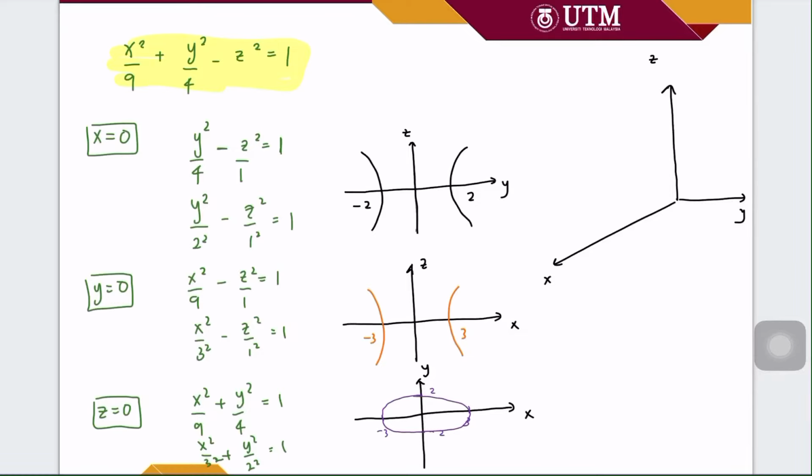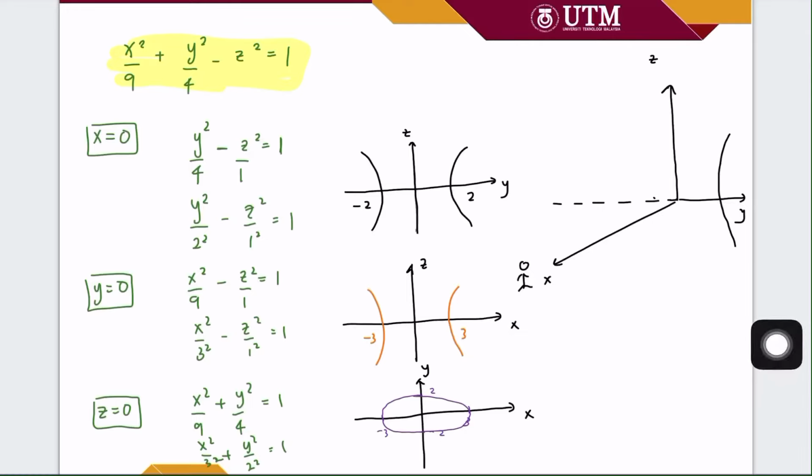For x equal to 0 we have y and z, at the front wall. We are here, and it will be 2 here. Let me sketch it. Hopefully you can understand.